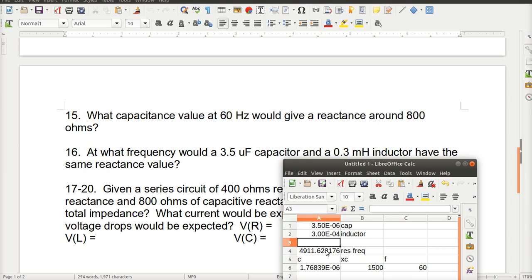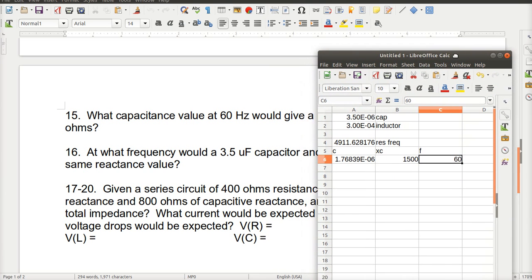Now, what is the value at 4911? So if I put in a frequency of 4911, I can't work it backwards.